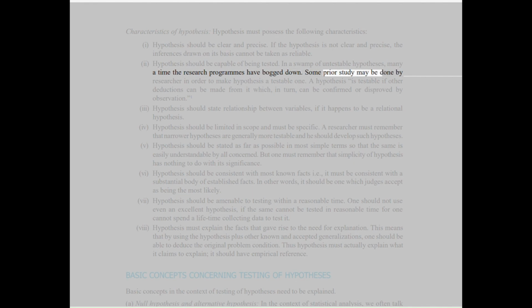Some prior study may be done by researcher in order to make hypothesis a testable one. A hypothesis is testable if other deductions can be made from it, which, in turn, can be confirmed or disproved by observation. 3. Hypothesis should state relationship between variables, if it happens to be a relational hypothesis.